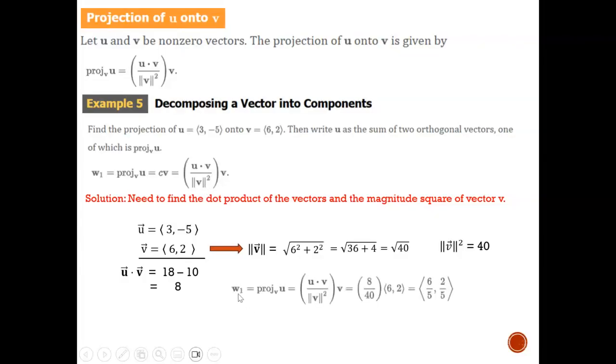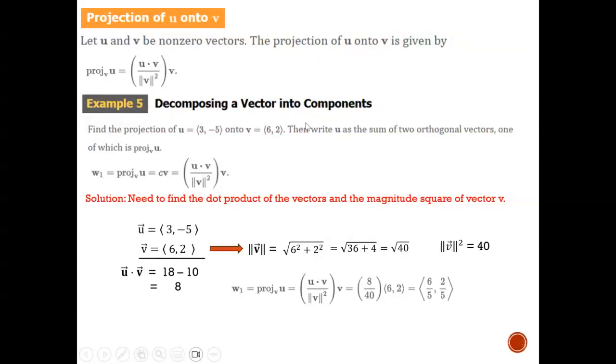So the projection of u onto v will be 8 over 40, because 8 is the dot product, and the magnitude of vector v squared is 40. This is the same thing as 1/5, because 8 over 40 reduces to 1/5. Now, if we multiply 1/5 times 6, that will give us 6/5. If we multiply 1/5 times 2, that will give us 2/5. Okay. Now, that's the answer for the first part.